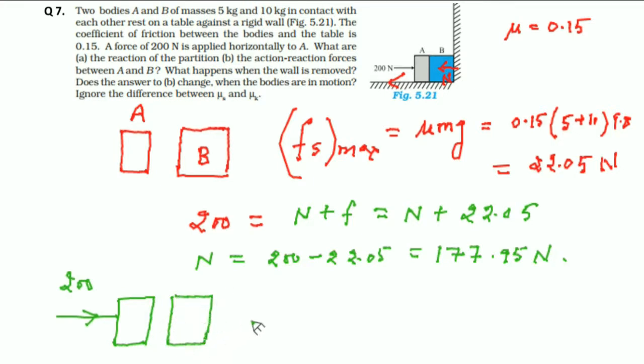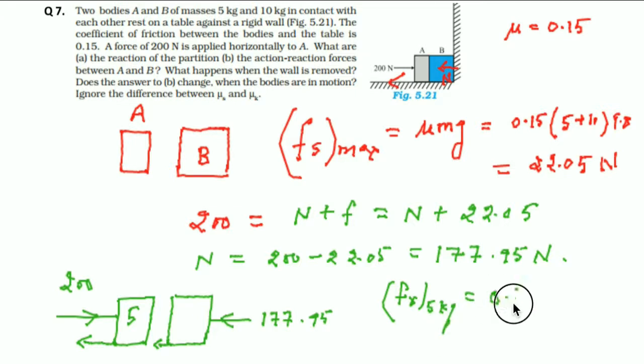In this way, directly on B, 177.95 Newton is going to apply in this direction, and the friction force is going to act in both directions, here and here also for both. First go and find the friction force on only the 5 kg mass. So the friction force on the 5 kg mass equals mu 0.15 into 5 into 9.8. If you multiply this, it will come to 7.35.